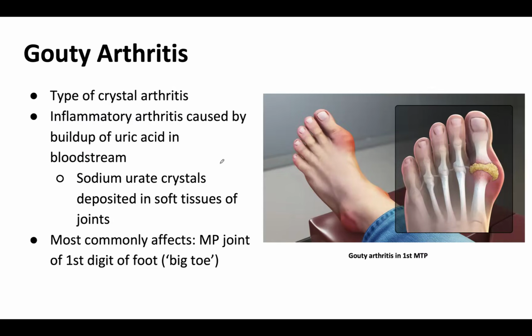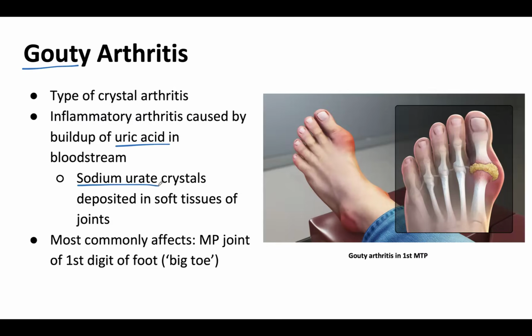Gouty arthritis, which is a type of crystal arthritis, is sometimes just called gout. It is an inflammatory arthritis caused by a buildup of uric acid in the bloodstream. And this can cause sodium urate crystals to be deposited in soft tissues of the joint. And these crystals are sharp and needle-like and can trigger sudden and severe episodes of pain.